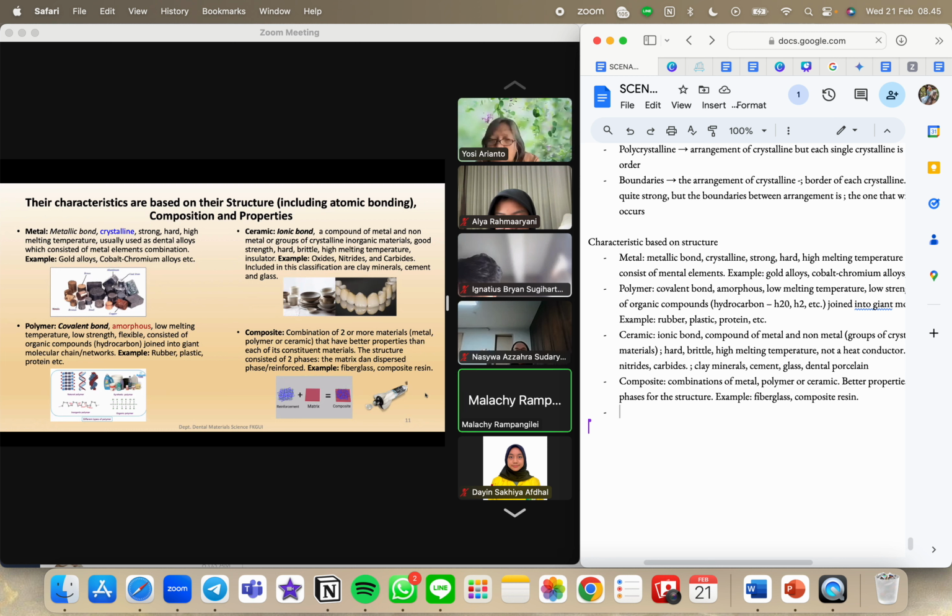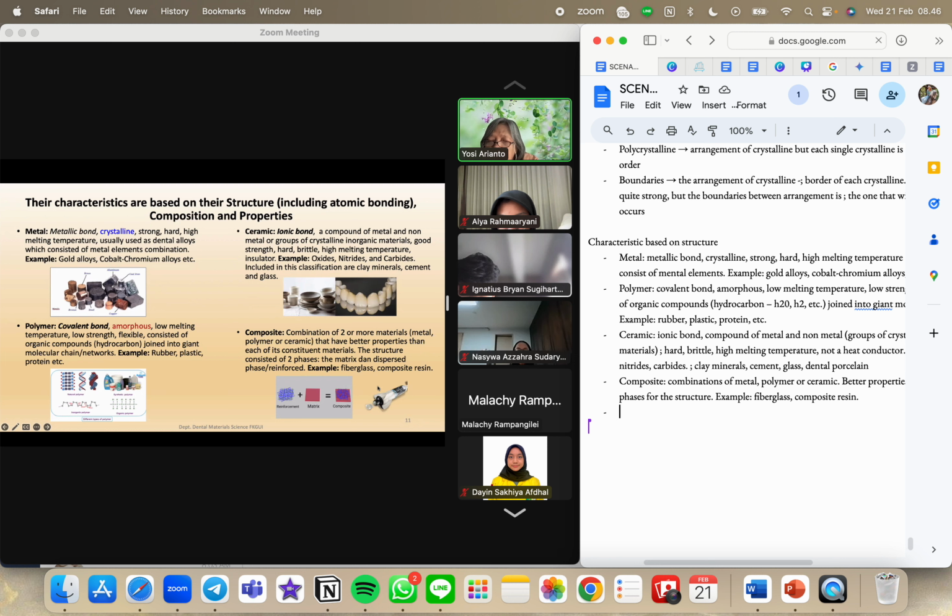Here you can see there is a matrix and maybe some fiberglass. If you combine them, it is very strong. I mean, the composite is stronger than the fiberglass or the matrix.